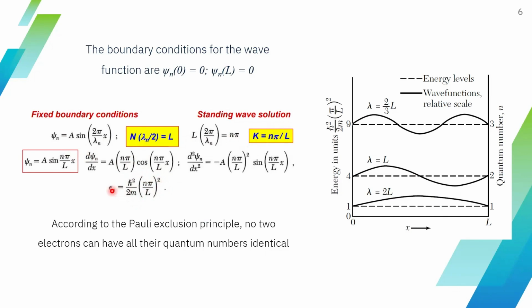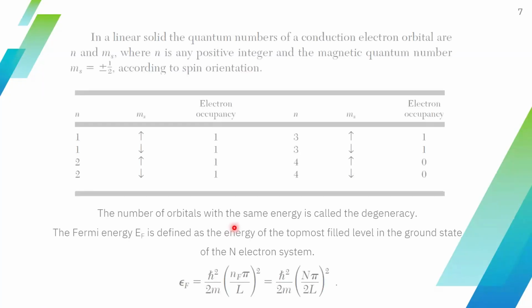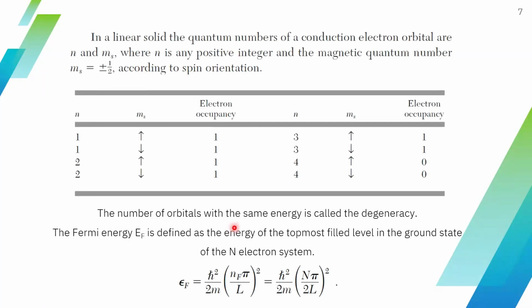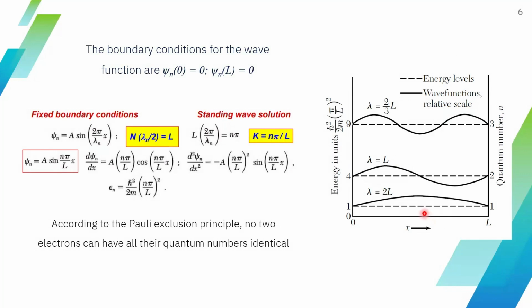Now, according to the Pauli exclusion principle, no two electrons can have all quantum numbers identical. On that principle, in this figure we see the energy on this axis and the quantum numbers here.